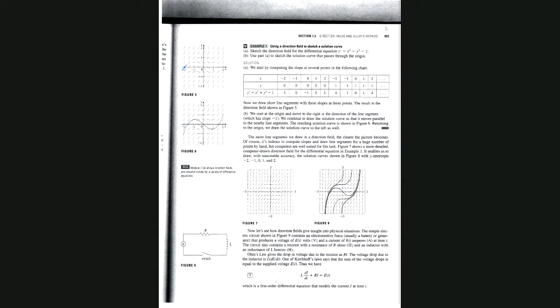On the other hand, at the origin, 0, 0, if you compute y prime, you get negative 1. So at the origin, you get a negative slope there. They pick enough points so that you could get an idea of what the direction field looks like.